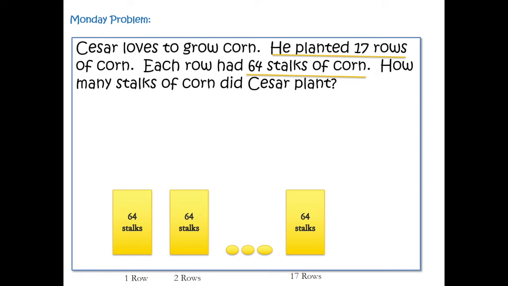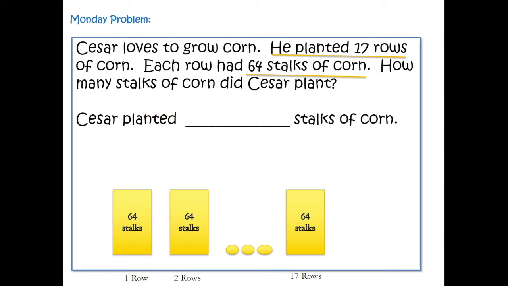How many stalks of corn did Caesar plant? So who my problem is about is Caesar, and what my problem is about is the stalks of corn. Now I'm going to rewrite my sentence and say Caesar planted blank stalks of corn. I'm going to try to figure out how many stalks of corn he actually planted.